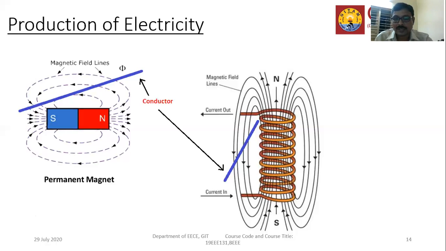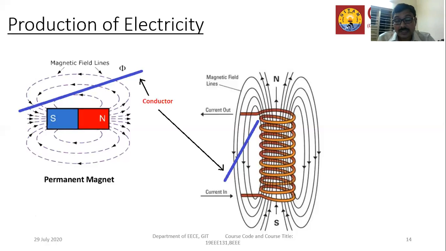Now coming to the next point, if the current supply to the coil is kept constant, that is not time varying, then it will produce a flux which will not vary with time, just like the flux produced by a permanent magnet.